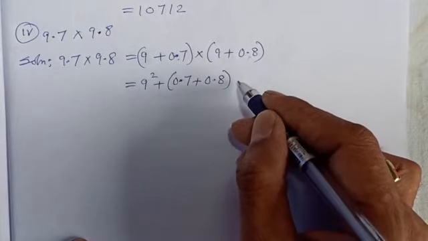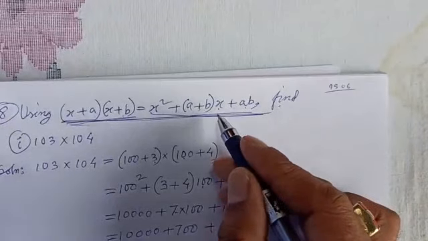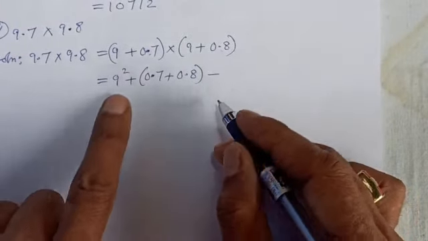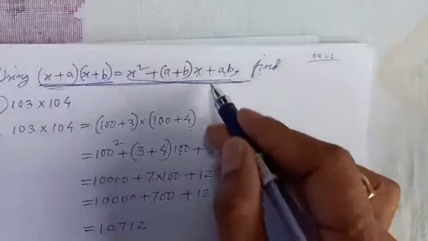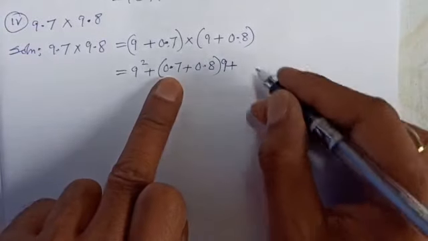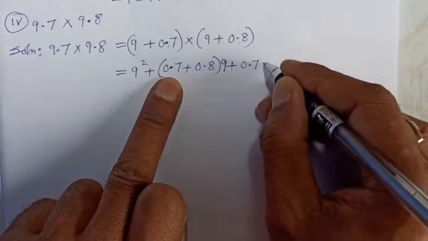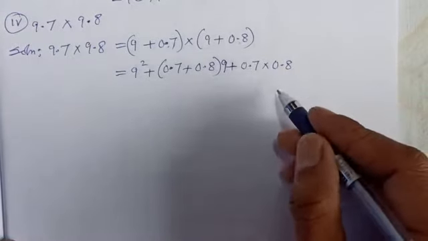Then next is x. So here x is 9. So 9. Then next is plus sign ab, where a is 0.7 and b is 0.8. Understand or not? Now next steps.